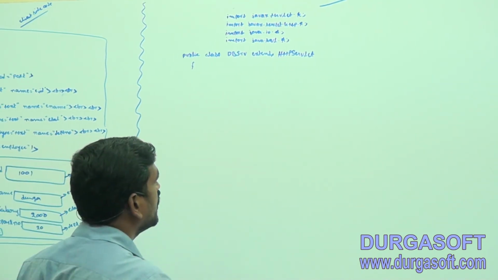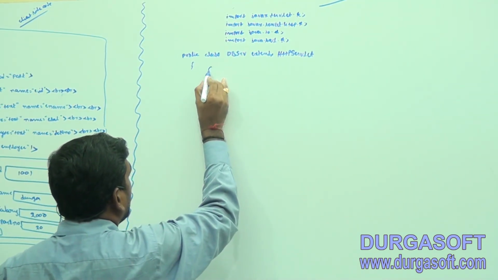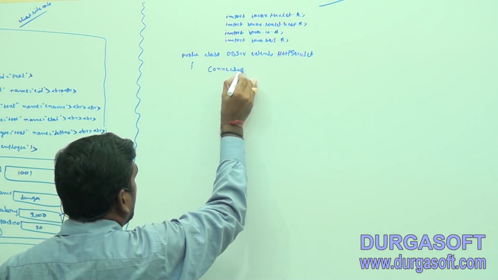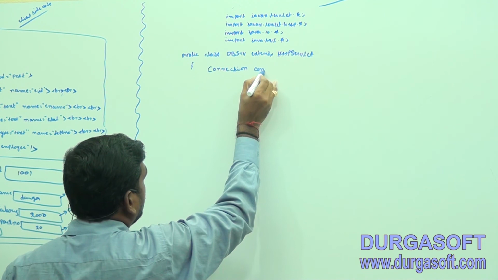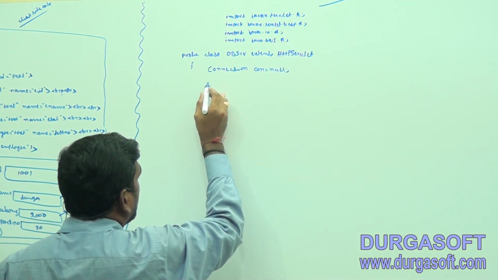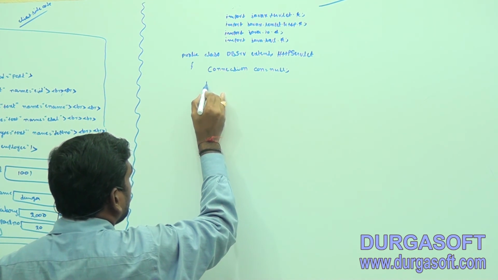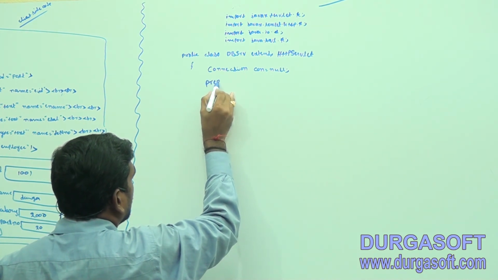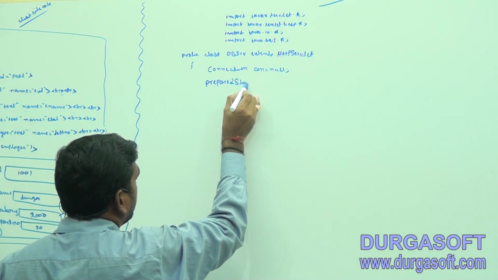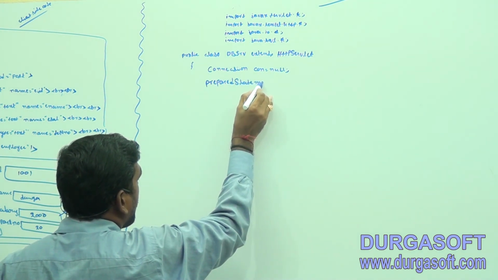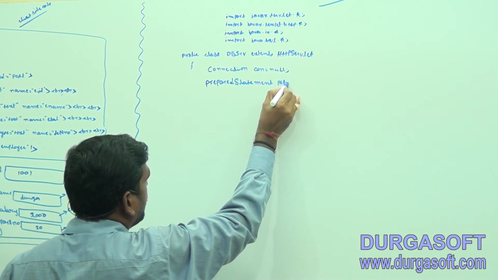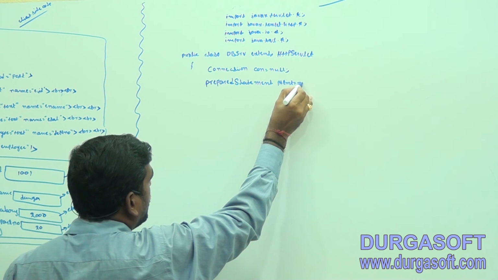That is the reason must and should we have to take here doPost. So before that I am going to declare here Connection con is equal to null. Then next after that PreparedStatement pst is equal to null.